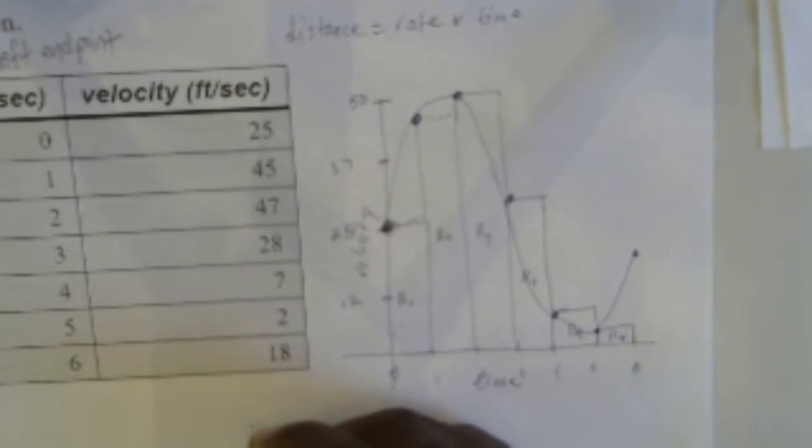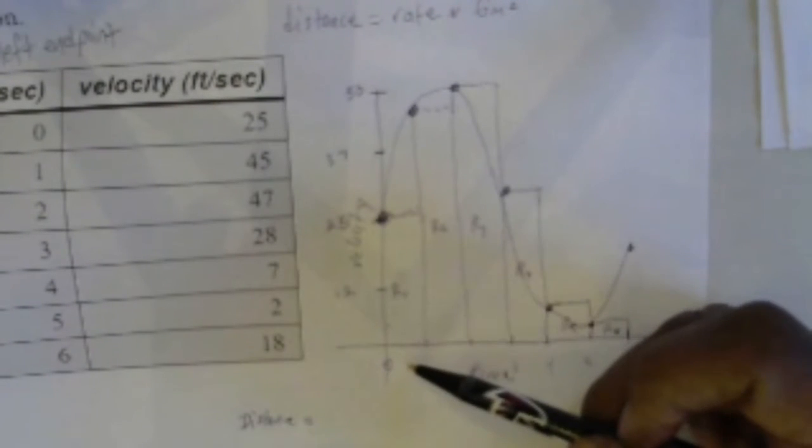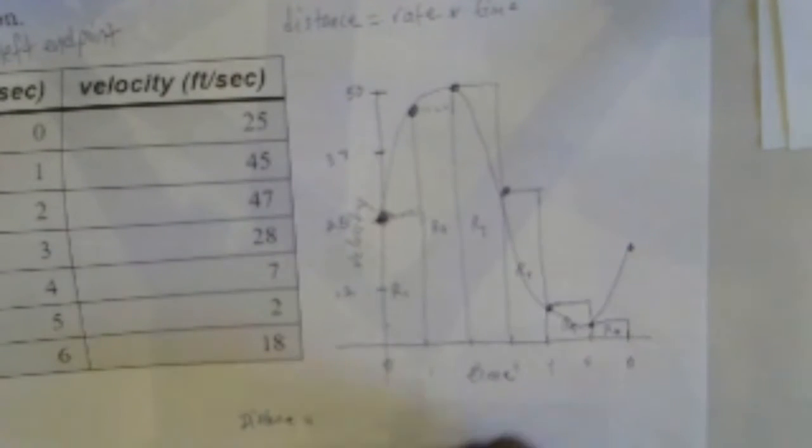So keep in mind that for each one of these rectangles, the width is 1. So for the distance, I'm going to multiply for my first rectangle, my width, which is 1, times my height, which is 25.